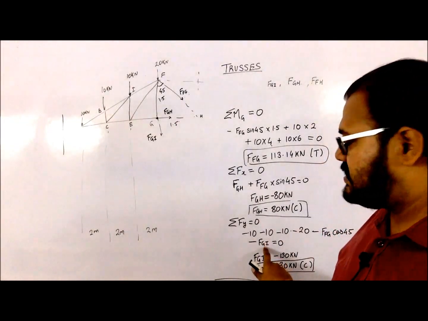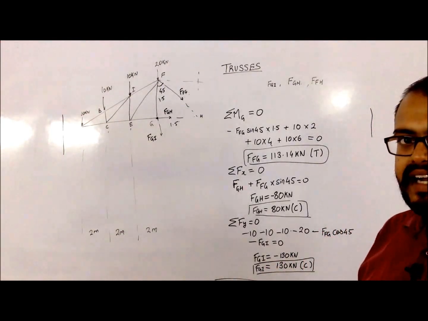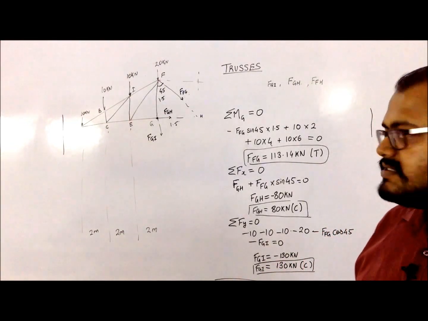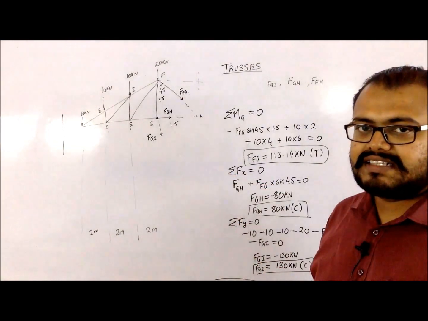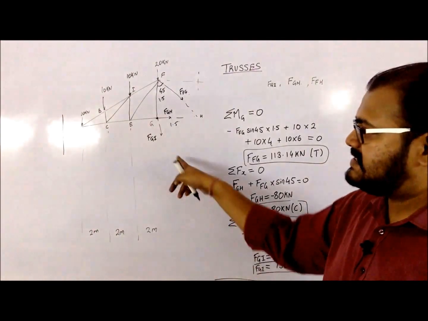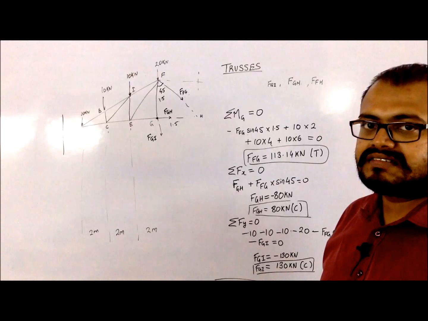In this, the unknown part is my FGI. I will get the value as minus 130 kilonewtons. So again the same explanation, the direction which I have shown is a wrong direction and it should be corrected, and since it is going towards G, it will have a compression.